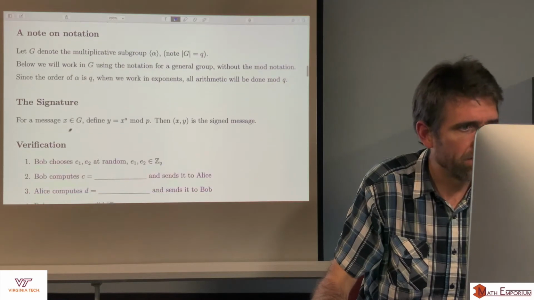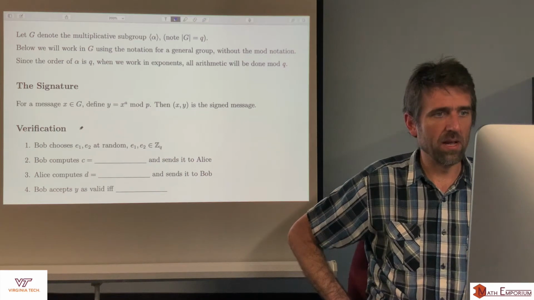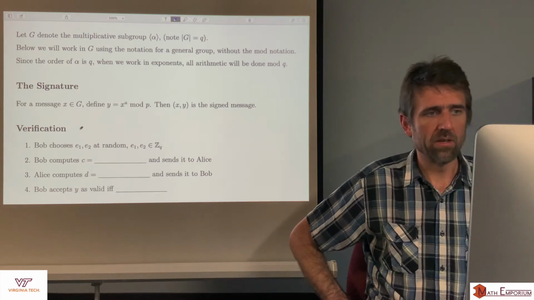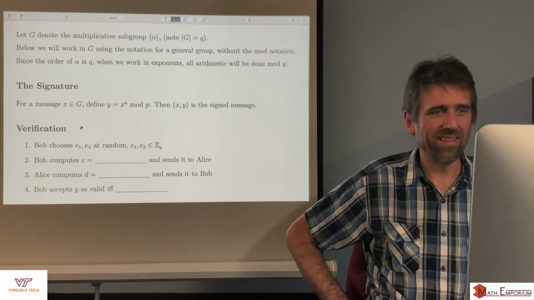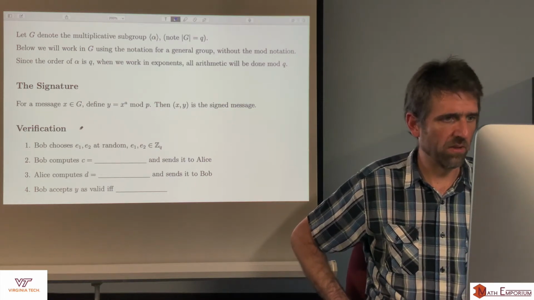If we want to sign a message X, X should be an element of G, and the signature will be Y, which is X to the A mod P. Then X comma Y is the signed message.